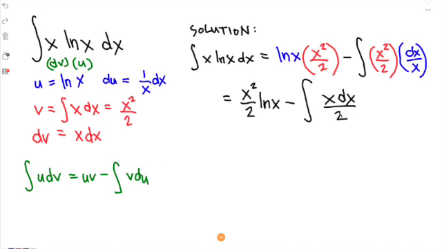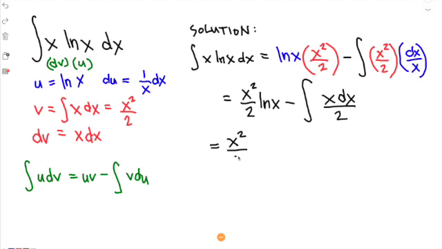In this case, v du is easier to integrate, as you can see here, right? I hope you haven't forgotten your fundamentals from our earlier topics. So let me write it down here.